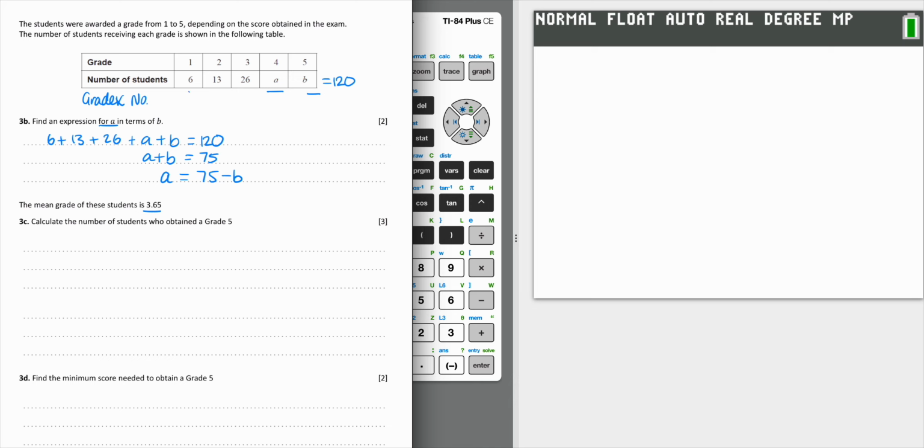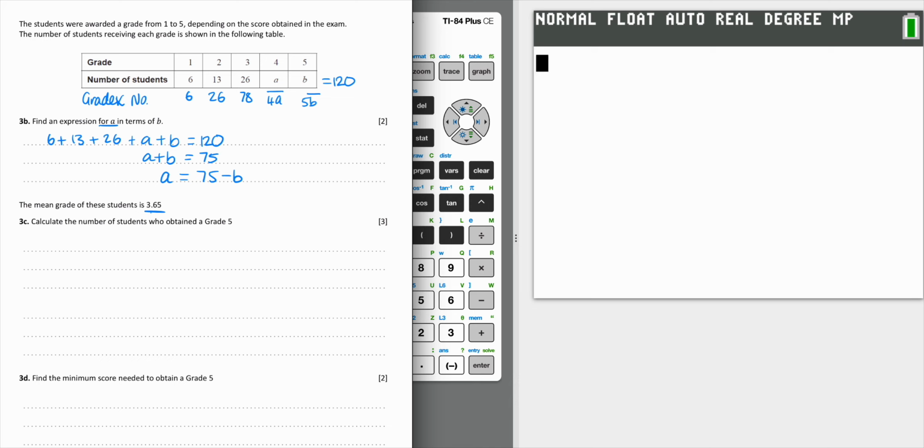So 1 times 6 is 6, 2 times 13 is 26, 3 times 26 is going to give me 78. 4 times A is just 4A, and 5 times B is 5B. And we know that the final mean is 3.65, as it tells us down here.